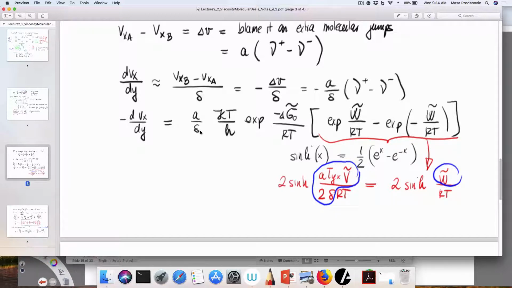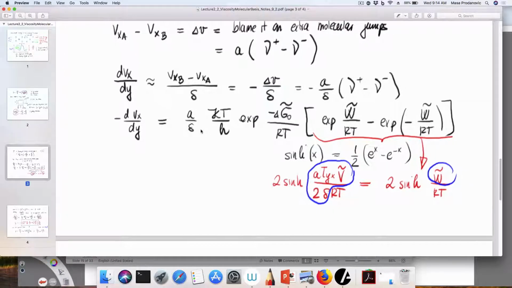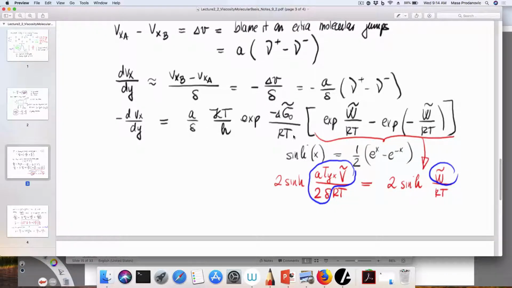There's this A and delta I can assume as constants as well. This energy of activation is also constant. So I have really temperature and some other parameters here. And here I have tau yx kind of buried under hyperbolic sine. So if I was looking for tau yx being equal to some coefficient times dvx/dy, well, good luck. This actually is a nonlinear relationship.